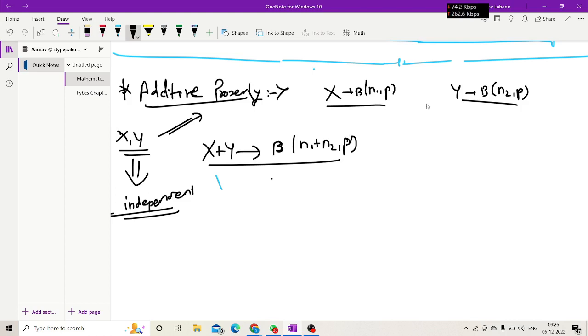X and y are independent, where x is binomial n1, p and y is binomial n2, p. Then x plus y will be binomial n1 plus n2, p.